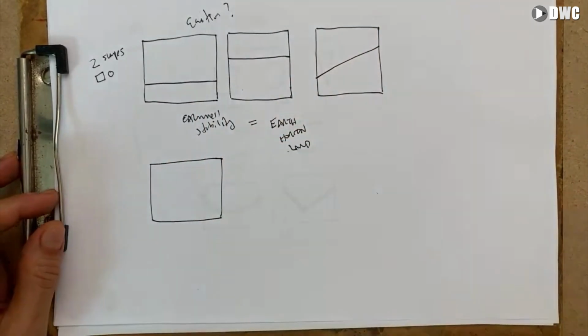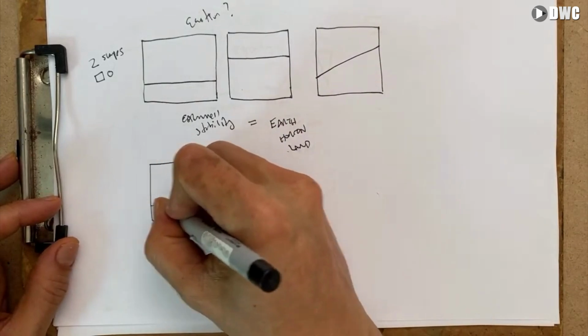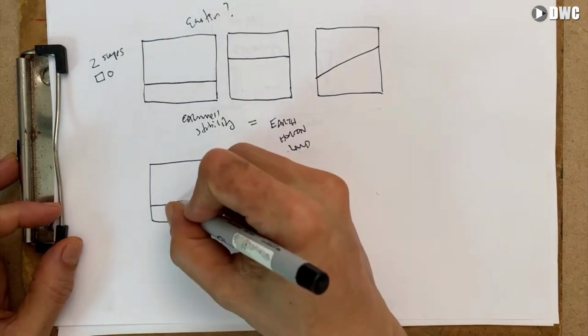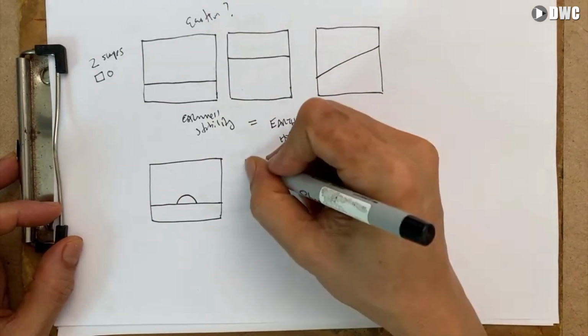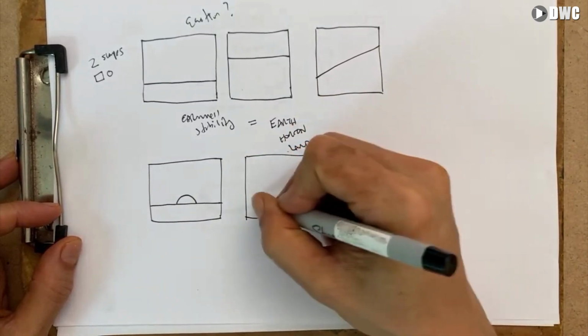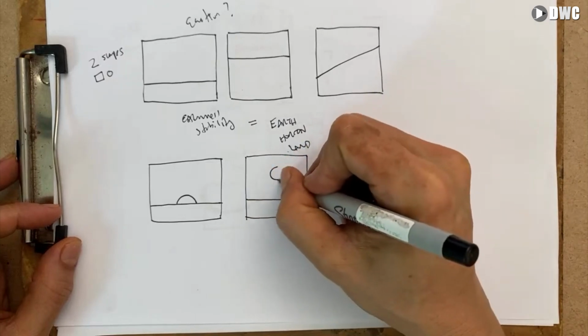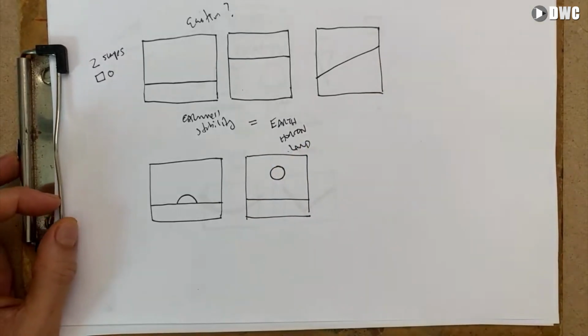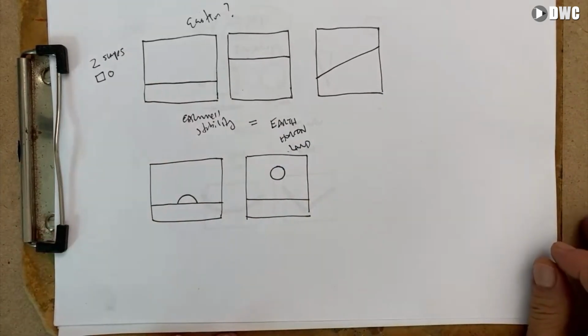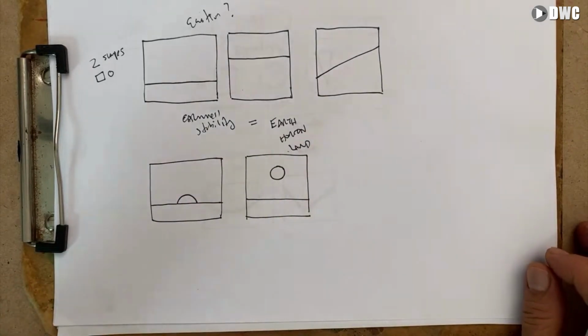So let's keep playing with the basic landscape. How do you feel now? I'm going to use the basic landscape principle. How do you feel in these without any context, without any tone, just a rectangle and a circle?